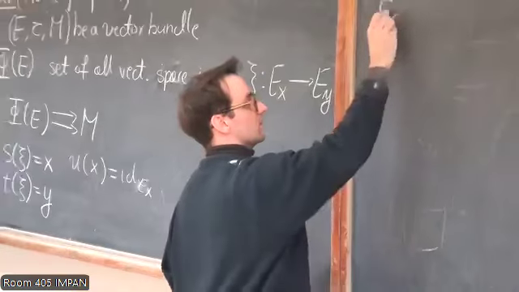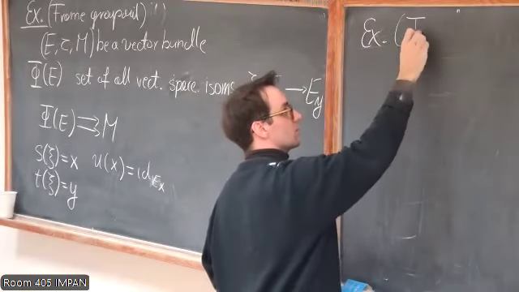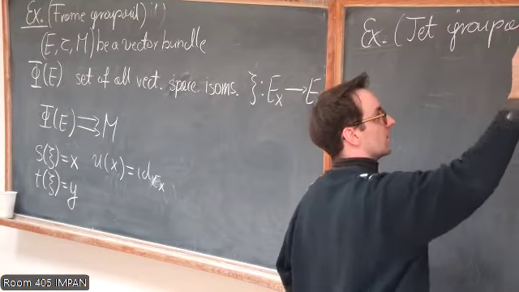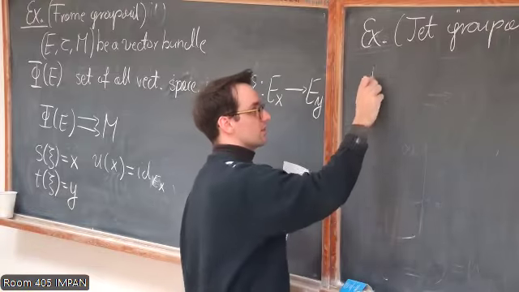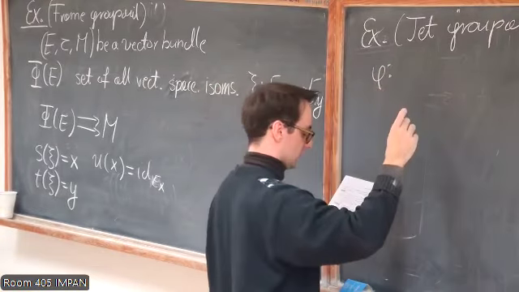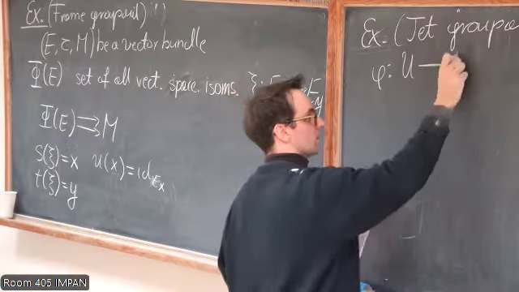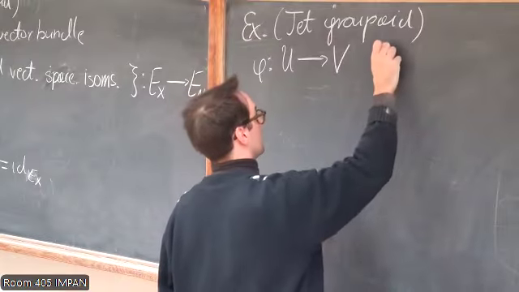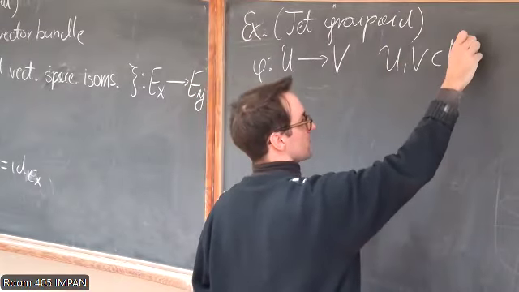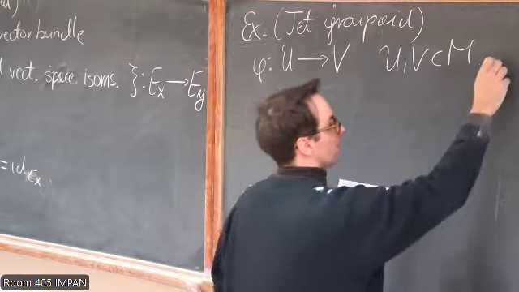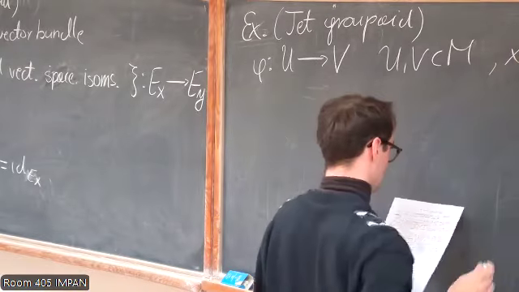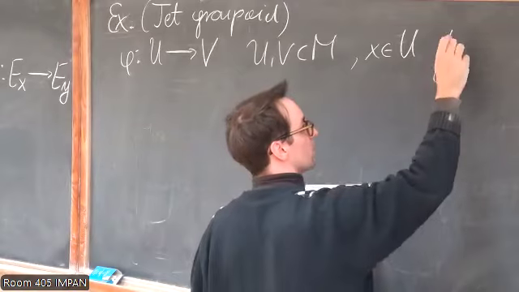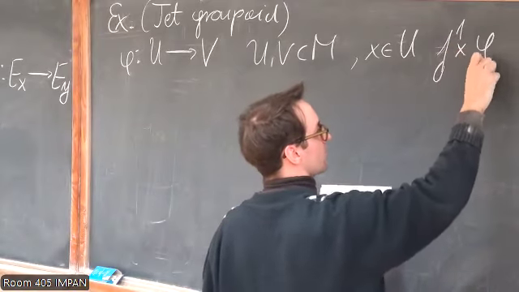So another example is the jet groupoid. So let phi be a local isomorphism, for an open set U of M. For X, we have the one jet, the one jet at X of phi.